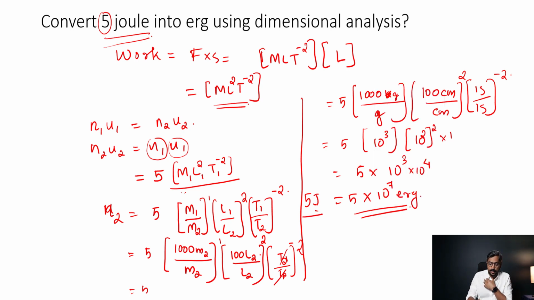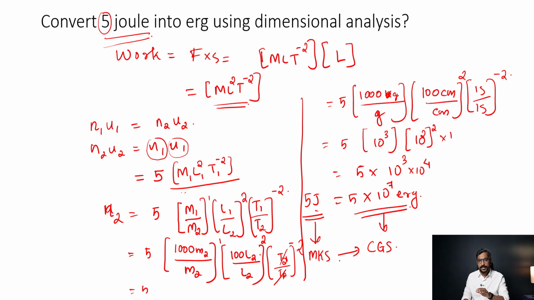So this unit is in the MKS system and this unit is in the CGS system. So you have converted the MKS system to the CGS system. I hope you got the point of how you converted. The funda is n1 u1 is equal to n2 u2.